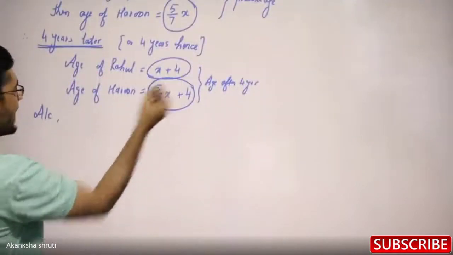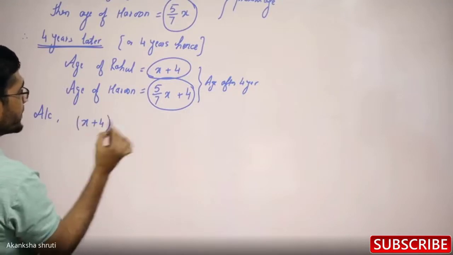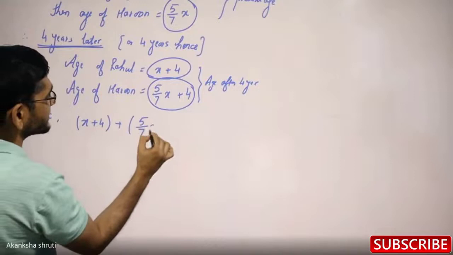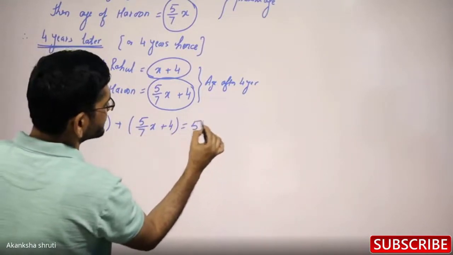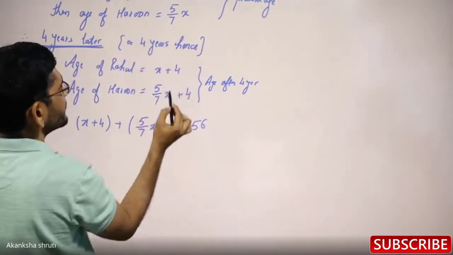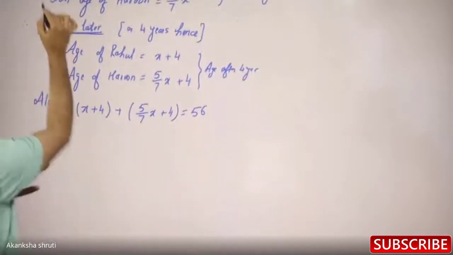So we need to add x plus 4 plus 5/7x plus 4. This is 56. This is the equation. From here, we need to find the value of x only.